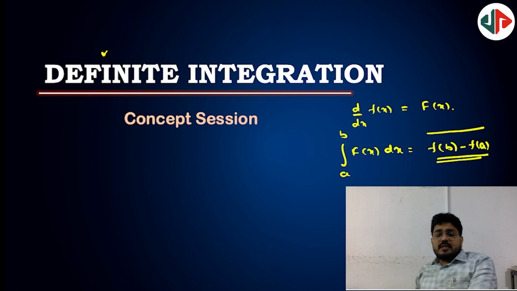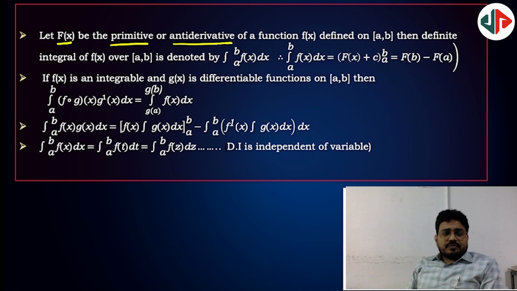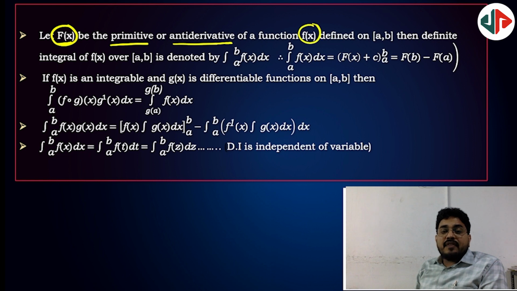So there are certain important properties in this one. Let us look at them one after one. Capital F of x is the primitive or antiderivative of small f of x. The antiderivative of f of x is capital F of x, meaning the derivative of capital F of x is small f of x.